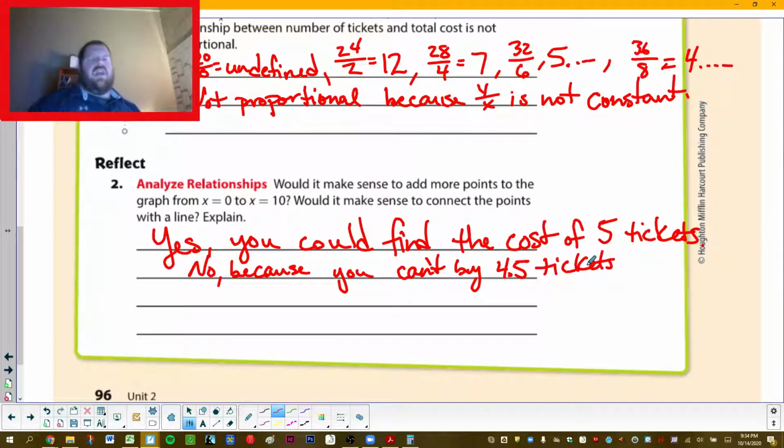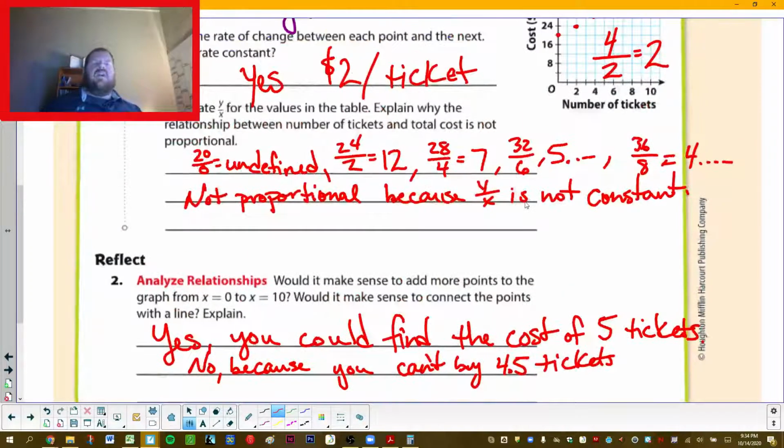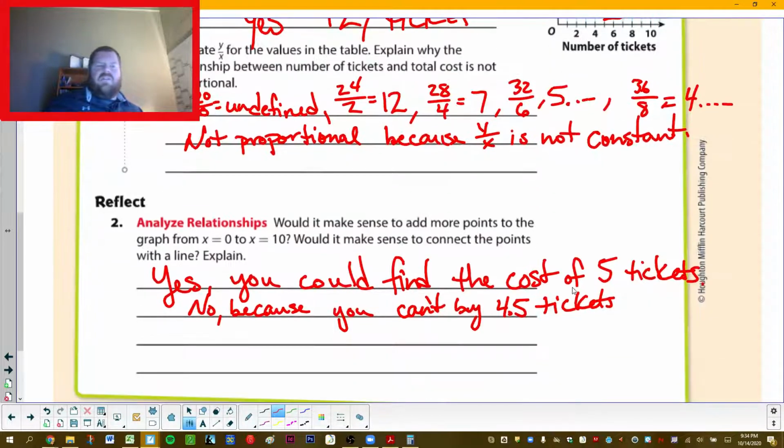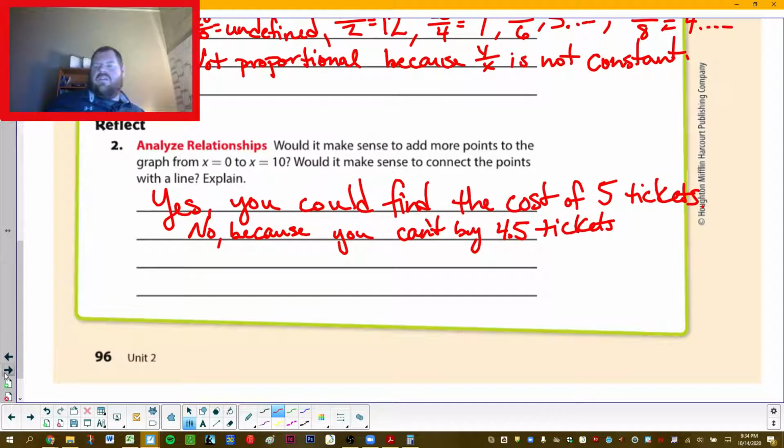If you were going to draw a line, it would be that idea of a continuous thing, that you could get any of these values. On problems like this, you should just leave it as points. But, I mean, lines are pretty. Lines look good. When we get lines, good things happen.